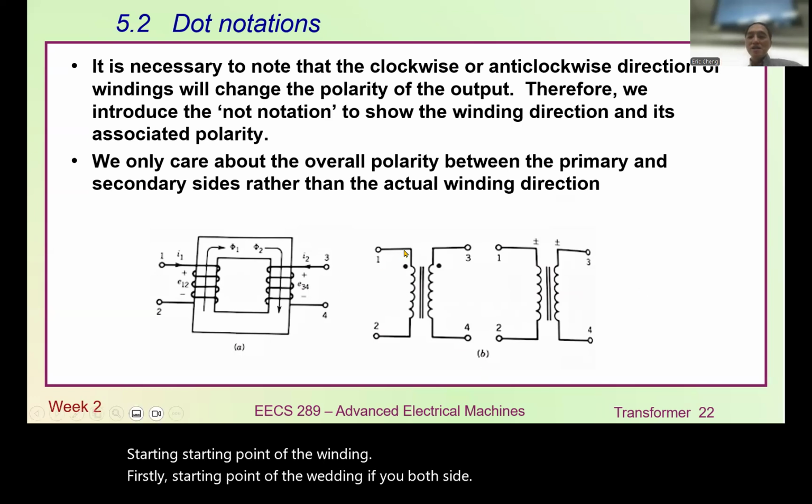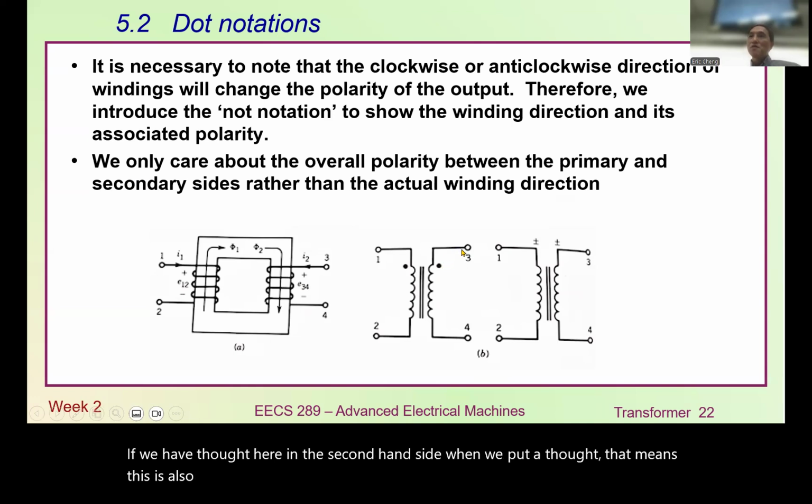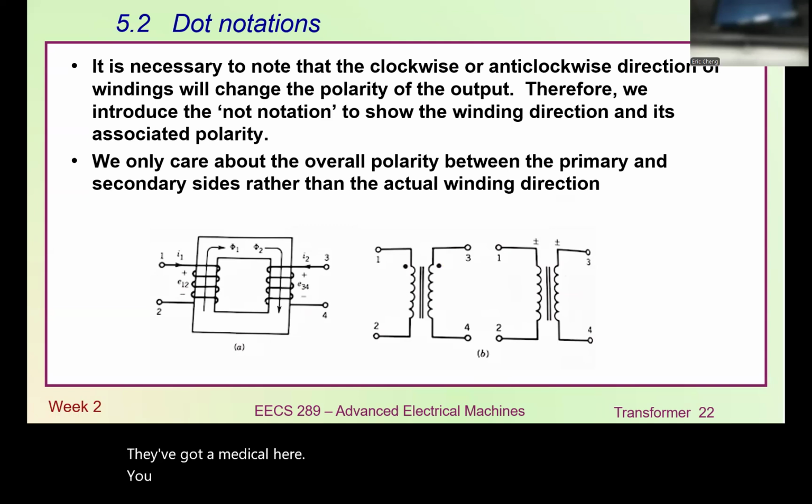If we have a dot here, then in the secondary side, when we put a dot, that means this is also the starting point of the winding. But you also need to make sure the flux direction will be the same. So you've got a magnetic core here. You put the winding here and a dot here. That's the primary side, right? Now if I also put the winding here for the secondary side, where is the dot?